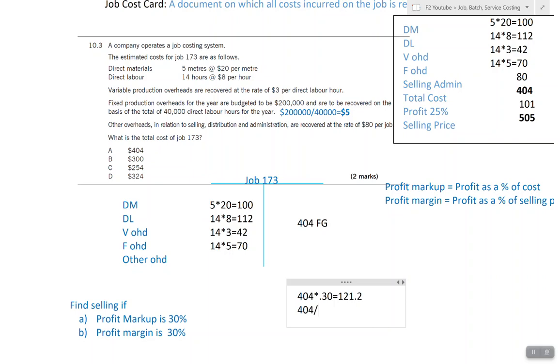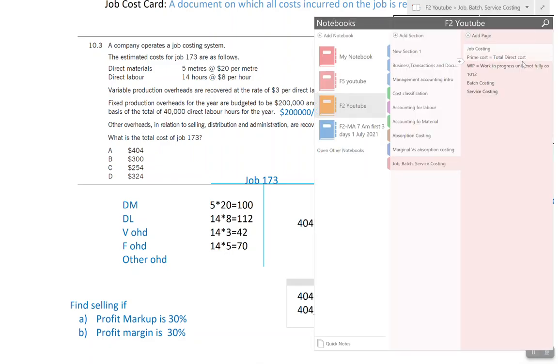If the selling price is 100% and we earn 30% profit in it, that means the cost would be 70%. So we would divide by 70 and multiply by 30, which will give you the profit, which is 173. You could directly multiply by 100, and it will give you the selling price.